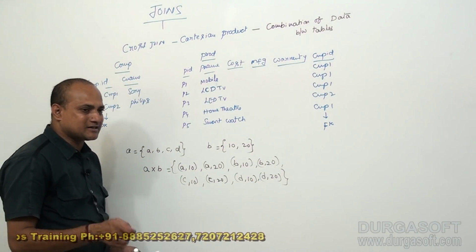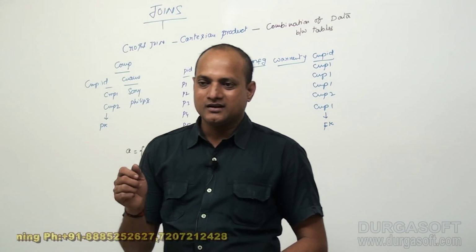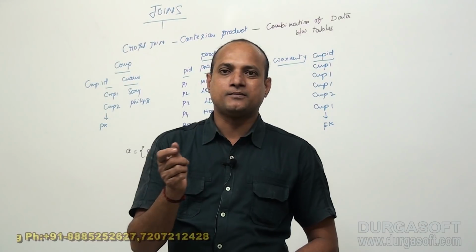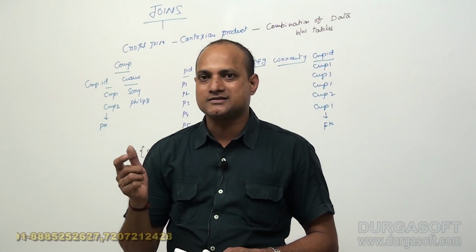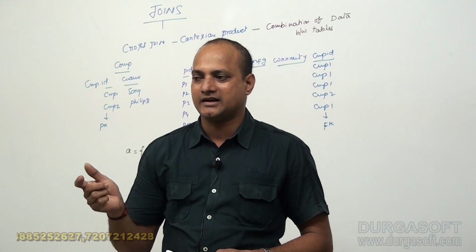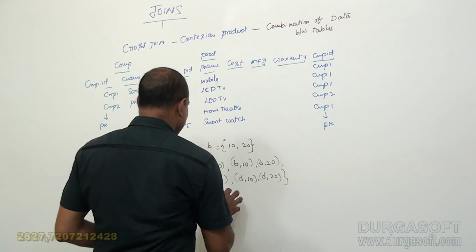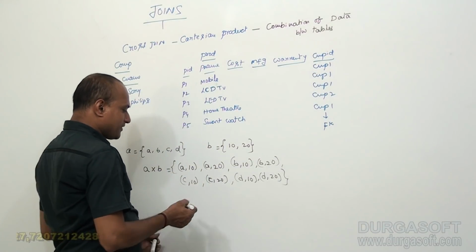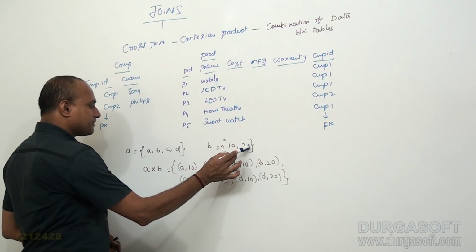If you apply Cartesian product between two tables, from the first table each value is mapped with all values in the second table. According to that, we are getting this many combinations. Here A is mapped with 10 and also with 20.